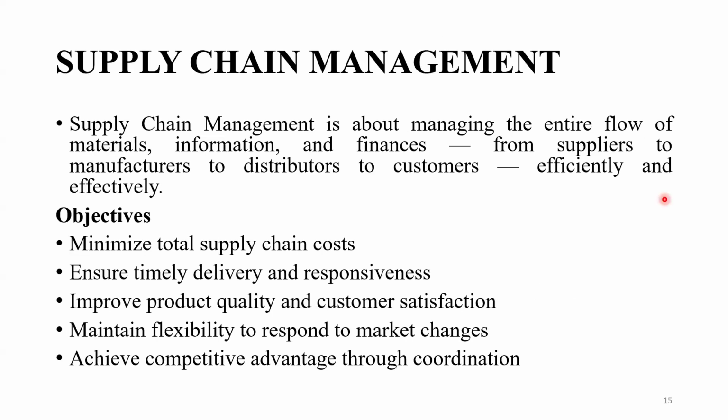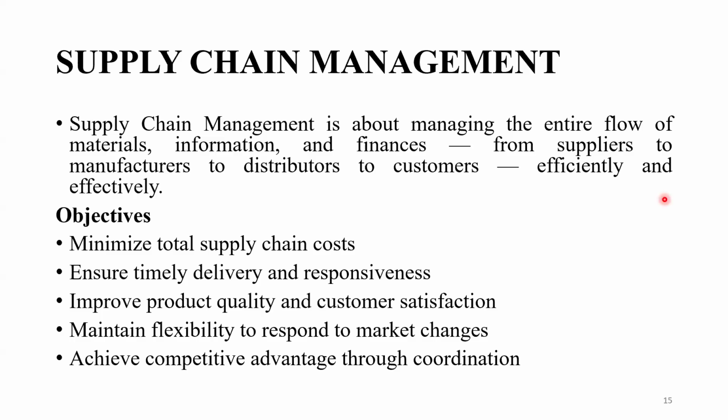Next is supply chain management. Inventory management is over, and right now we are moving to supply chain management. This is not about just manufacturing the product and selling it to the customer.